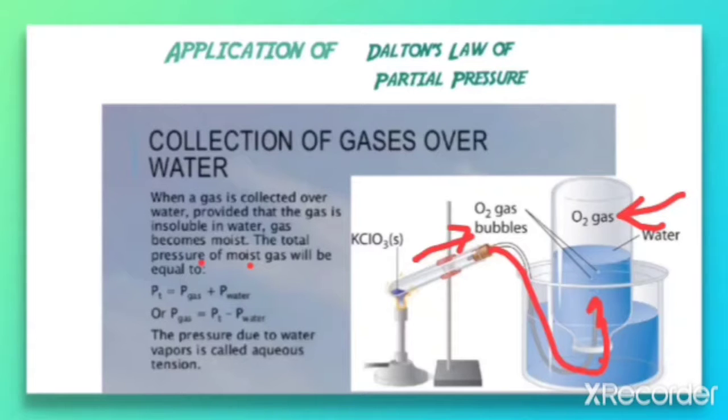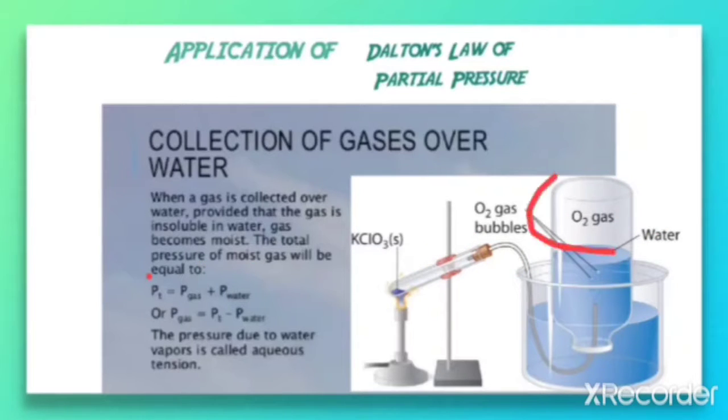So what will be the total pressure of the moist gas? Now here not only the oxygen gas is there, but also the pressure of water is there. According to Dalton's law, the total pressure P total is equal to the pressure of the oxygen gas plus the pressure of the water.